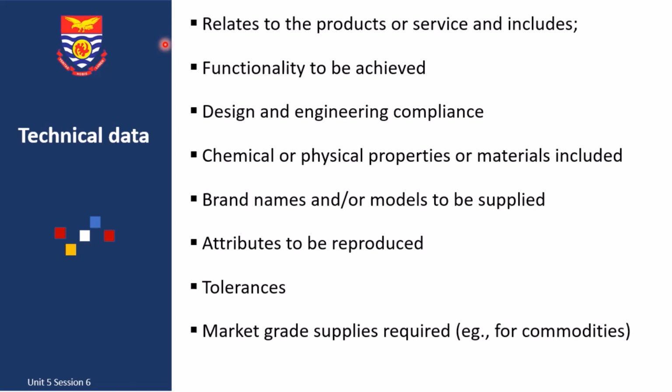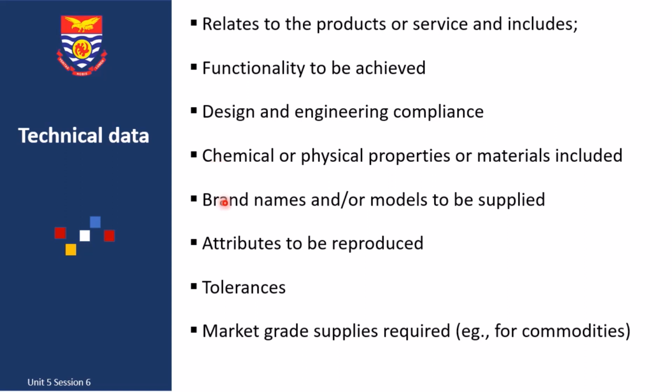And then secondly, design and engineering compliance in terms of the technical or design specification, engineering drawings, design and blueprints. And then chemical or physical properties or materials included, that is in terms of composition specifications.